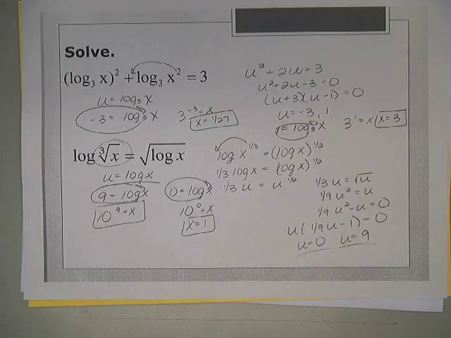Let's roll both of those. 10 raised to the 9th equals x. That's one of our answers. 10 raised to the 0 equals x. Therefore, x is also 1. I log rolled right here, and I log rolled right here. Those are our two solutions for x. And that is u substitution.